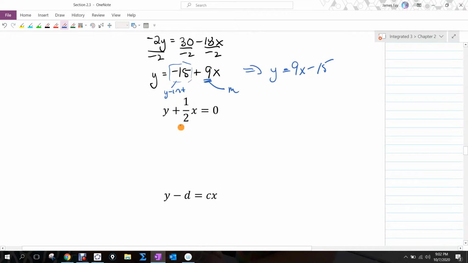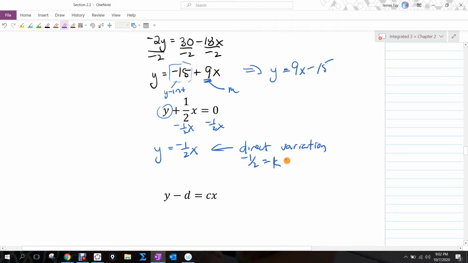Next one, just get this y by itself, so subtract negative 1/2 x from both sides. So you get y equals negative 1/2 x plus 0, which is just this. Now that then is, think about the last section, direct variation. Negative 1/2 is your k value, which from the last section is the same as m from this section.